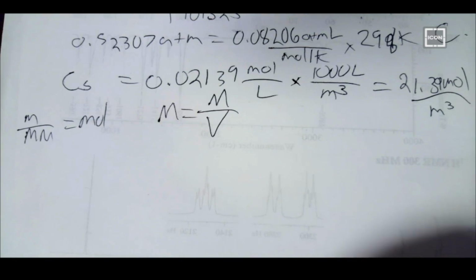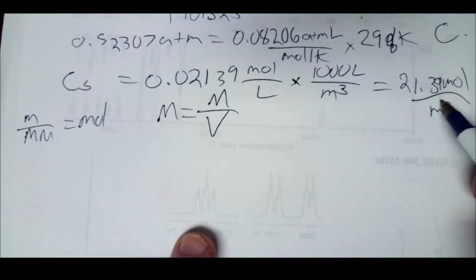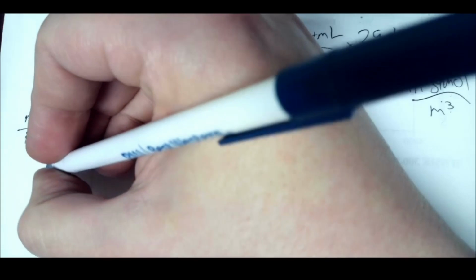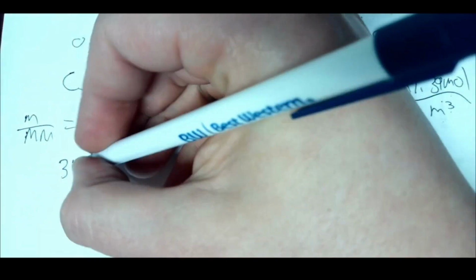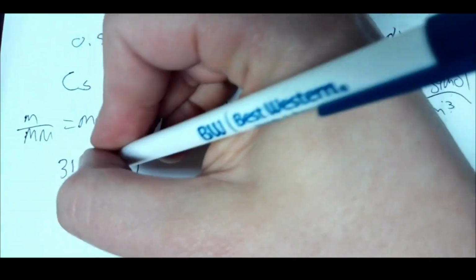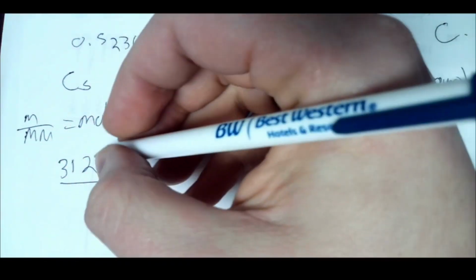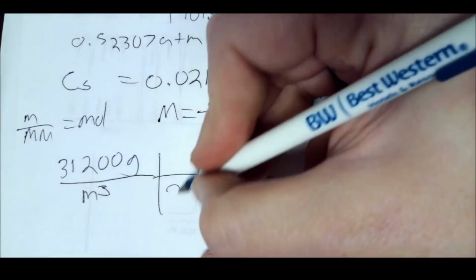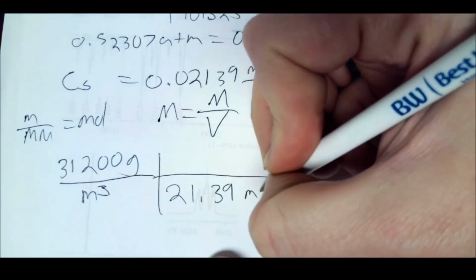So with that in mind, if I want grams per mole, I need to divide the concentration in grams per meter cubed by this, in moles per meter cubed. So we can just go 31,200 grams, because it's 31.2 kilograms per meter cubed, and I'm going to divide that by 21.39 moles per meter cubed.